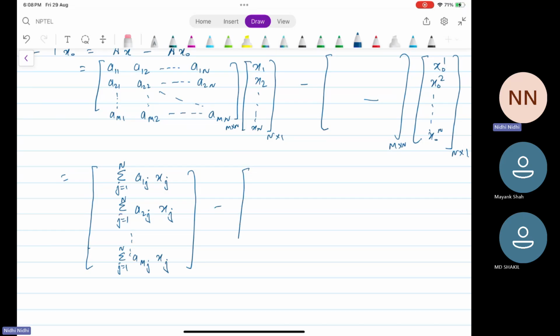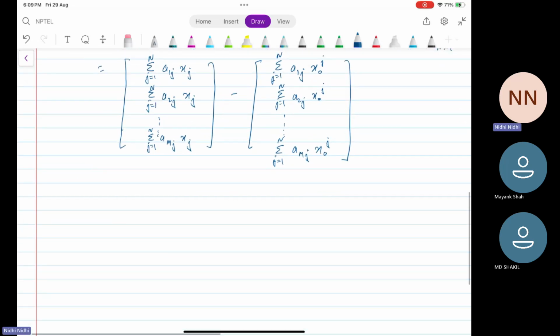Similarly, the second vector will be summation j from 1 to n a1j x naught j, summation j from 1 to n a2j x naught j, so on up to summation j from 1 to n amj x naught j.